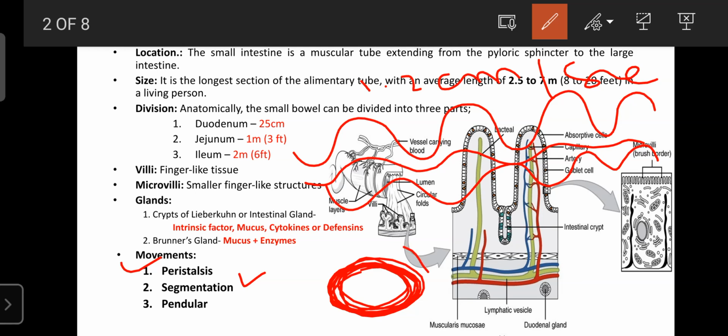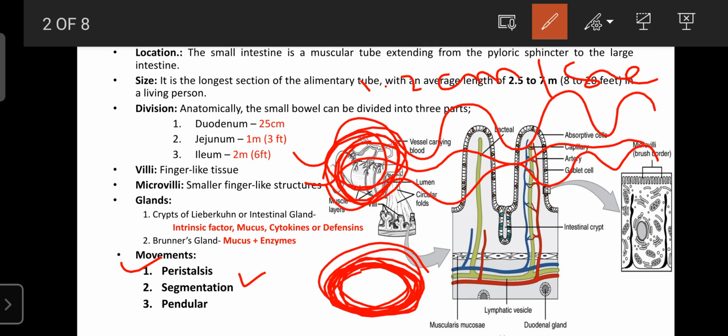This circular movement is helpful for the mixing of the digestive juice with the food. Due to its circular nature, it helps to mix the food with the digestive secretion due to segmentation movement.